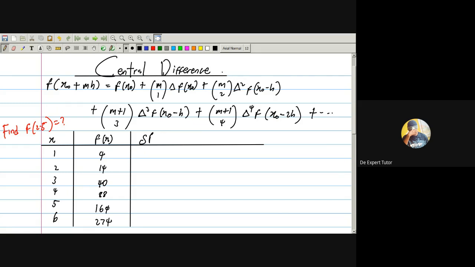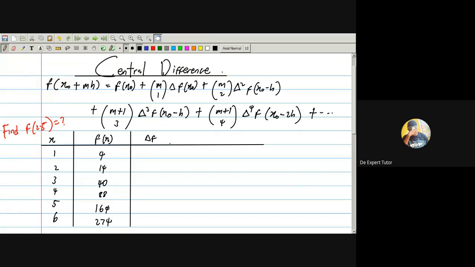Let me use what they're using: f of x, delta square f of x, delta cube f of x. If you like, you can use this, but if you don't like, you can just use our normal notation. Some textbooks use this.